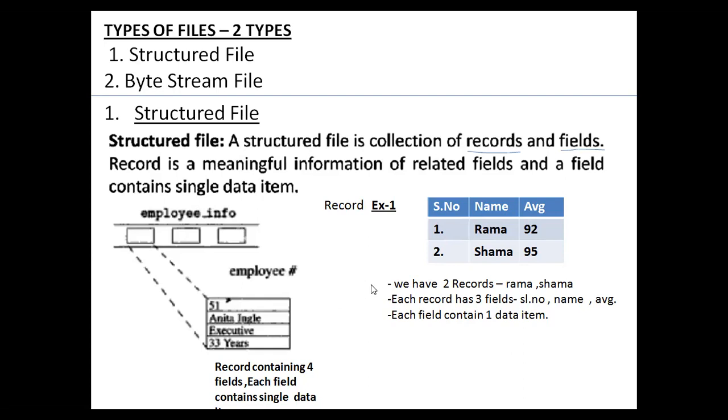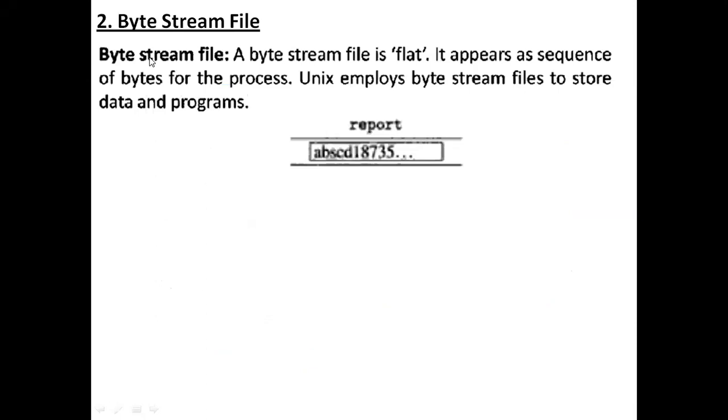The next kind of file system is the byte stream file. It is simply a collection of bytes, as the name itself indicates. As you can see here, we have some characters, a stream of bytes or a collection of bytes.